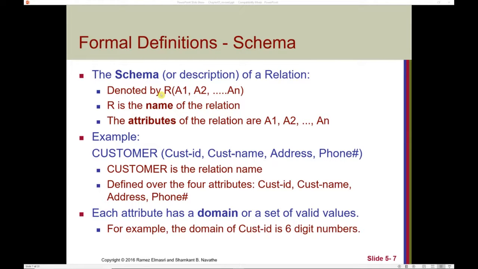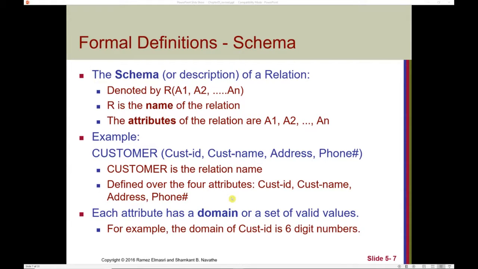A schema of a relation is denoted by the name of the relation, or R, and then in parentheses all of the different field names, so A1 through An, depending upon how many names there are. So R is the name of the relation, and the attributes are A1 through An. For example, here we have a customer relation, and we have customer ID, customer name, address, and phone number as attributes in the relation. We say that customer is defined over these four attributes.